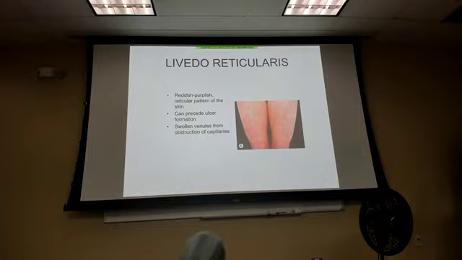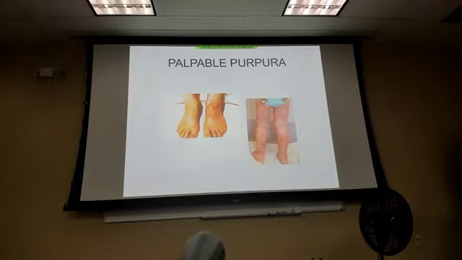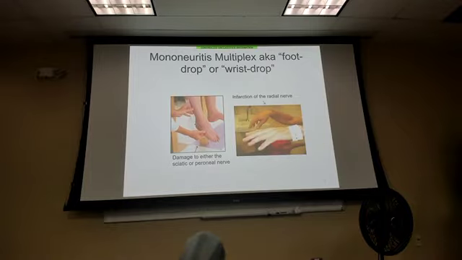Swollen venules from obstruction of the capillaries will show these things out there. There's that purpura, mononeuritis multiplex, aka a foot drop, a wrist drop, right? So that's that special examination that y'all know, so up, and then if it's going to keep going, then we've got some of that stuff going on.